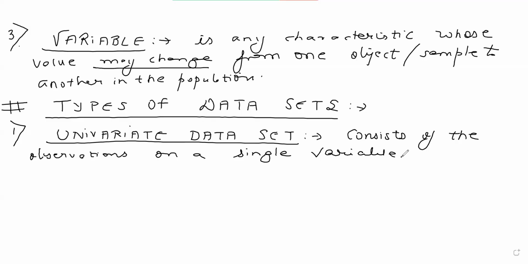For example, I have to check how the students at one particular university are performing in undergraduate economics. That's a univariate data set, because I will be looking at the GPA or the marks of students in undergraduate economics. There is only one variable.